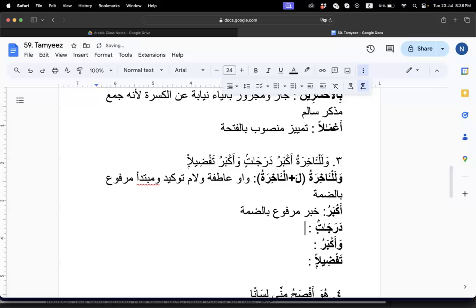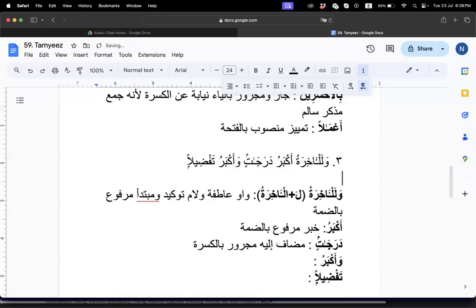And darajatin. Darajatin is majrur bil kasrah. So why is it mudhaf ilaihi? Yes, good. Mudhaf ilaihi, majrur bil kasrah. Okay, let's translate this part first. Wal akhiratu akbaru darajatin.